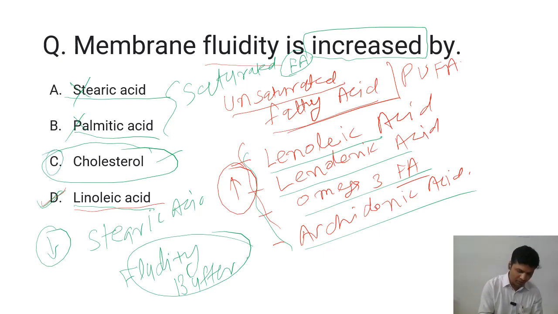Just keep it in mind: cholesterol is the fluidity buffer. Stearic acid and palmitic acid are responsible for decrease in fluidity. That's why they are not good for our health. Linoleic acid, omega 3 fatty acid, and arachidonic acid, the unsaturated fatty acids, are responsible for increase in fluidity. So let's take the next question.